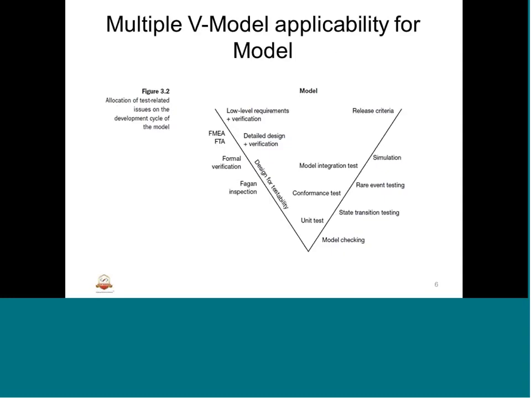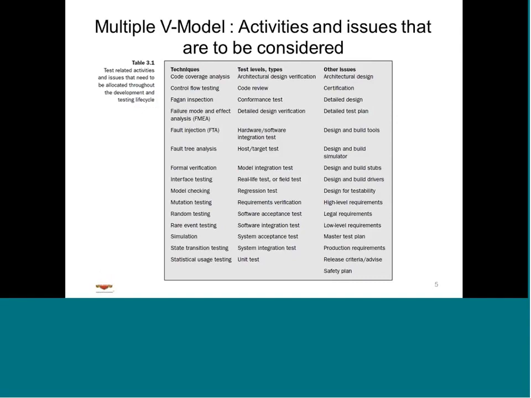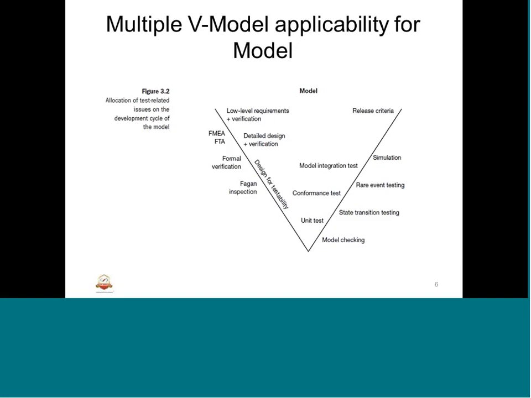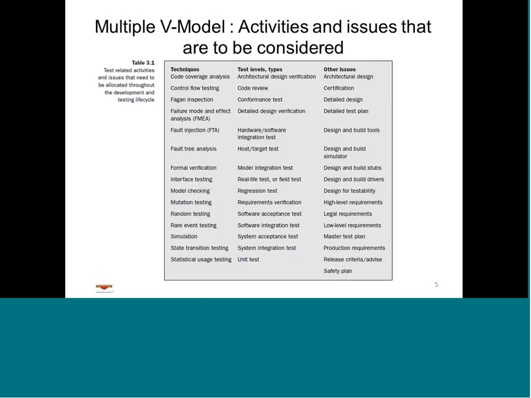So what is the outcome? Like we have a simulation, we have area testing, state transition testing, model checking. These are some of the activities. Similarly, on the left hand side, we do FMEA, FTA, formal verification, peer inspection. So this is falling outside the V, on par with the model. So this is the applicability, how we are going to draw based on this master table.